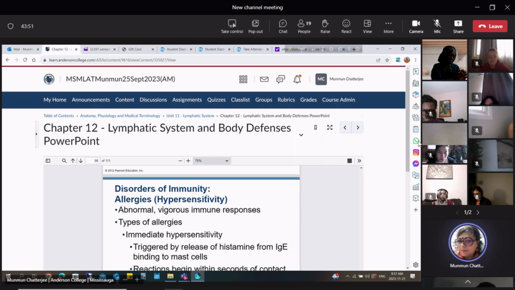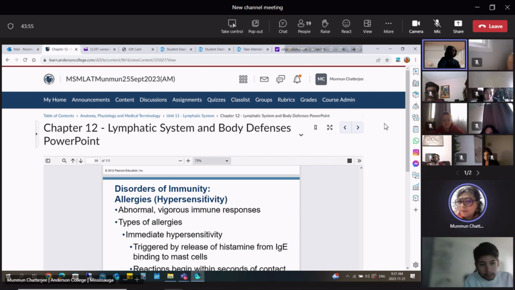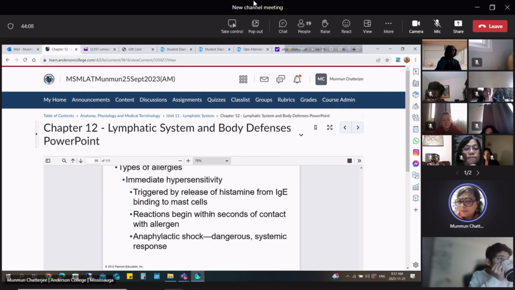Now, different disorders related to immunity. Obviously allergy. Allergy means hypersensitivity, an abnormal vigorous immune response. What types of allergies? Immediate hypersensitivity. It is released by the histamine from the IgE binding site to mast cells.